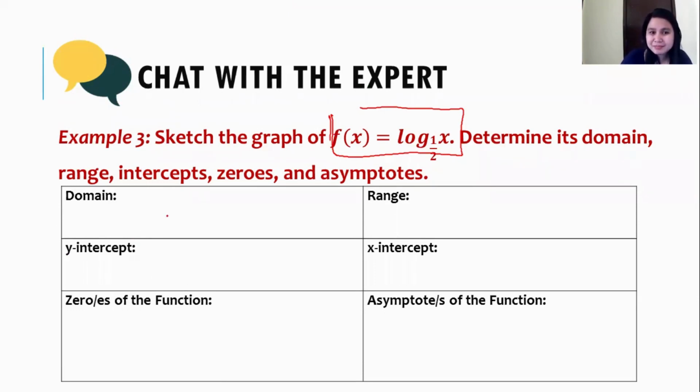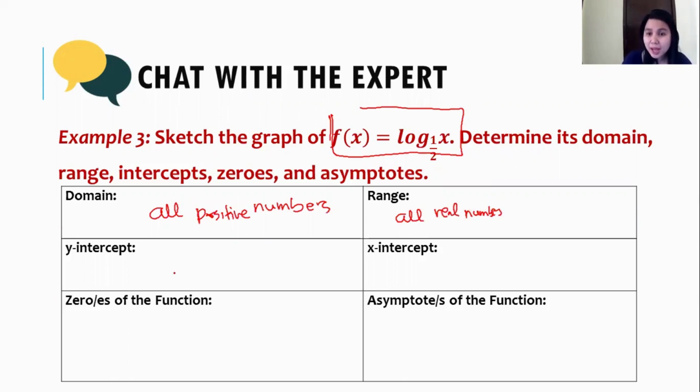What kind of numbers? In the chat box, can you tell me what's our domain? Very good. All positive numbers. How about our range? What will be our range? Very good. That's all real numbers.